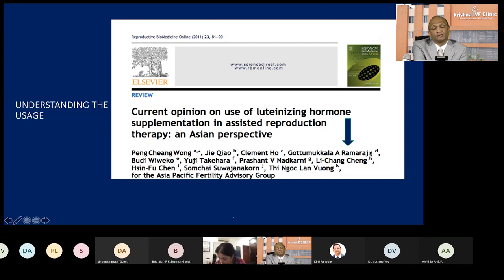Even though I am the co-author here, the whole contribution was done by P.C. Wong and the Merck advisory group, who gave a lot of inputs when the writing was done. It is a very good article, everybody should read to understand hyporesponder.